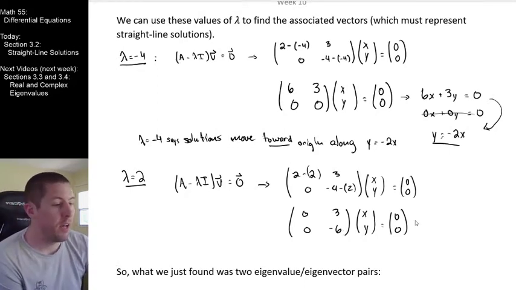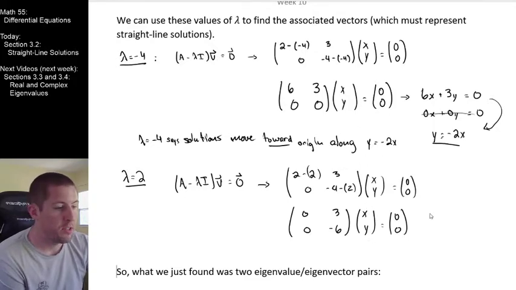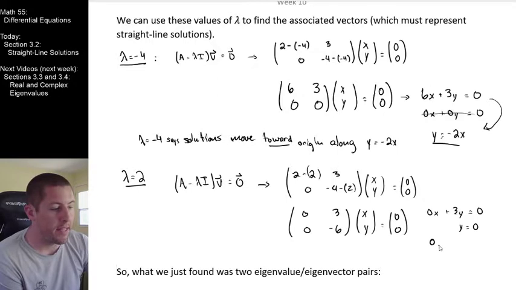So if I write out this stuff right here, it looks like row 1 times column 1 is going to be equal to row 1. Row 2 times column 1 is going to be equal to row 2. So that's going to tell me 0x plus 3y equals 0, which is going to tell me that y equals 0. And notice our other line tells us the same piece of information here. Nothing different, right?